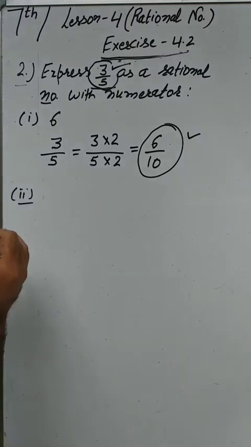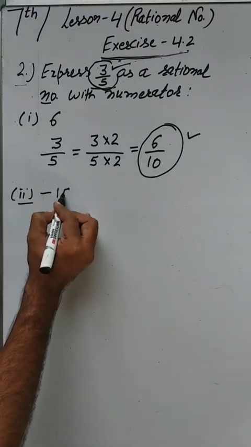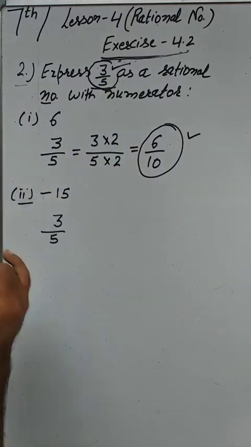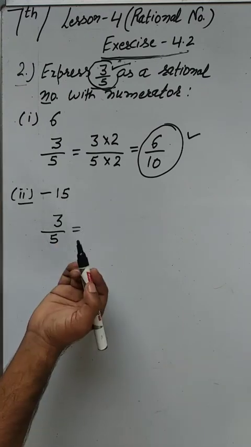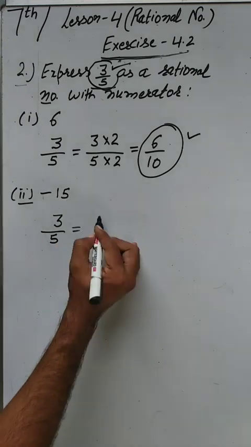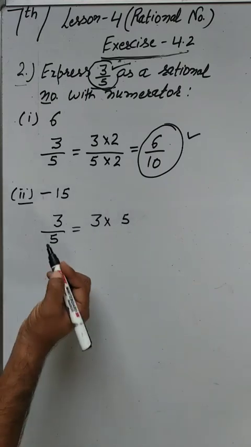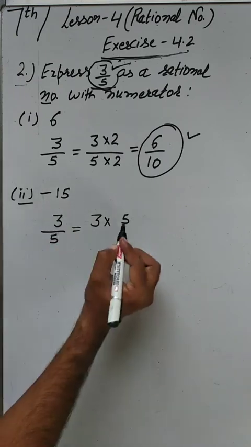And beta, the second part of that question is minus 15. Now I have the same number, 3 upon 5. I want to change 3 into minus 15. You know very well how I can change 3 into 15? 3 multiply by 5. Understood? It will be plus 15. I want here minus 15.